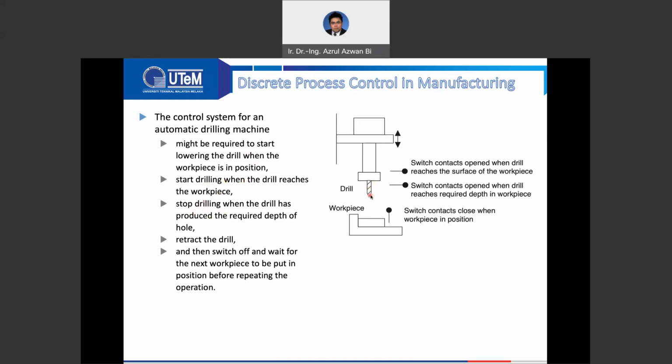After that, the drill will retract, and then the switch turns off and waits for the next workpiece to be put in position before repeating the process. Okay, so you can see that it's a discrete process, and all the inputs and outputs have two values.